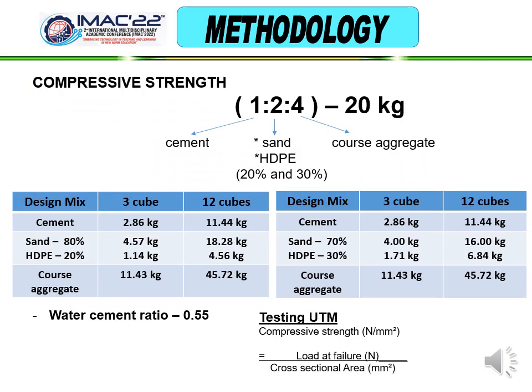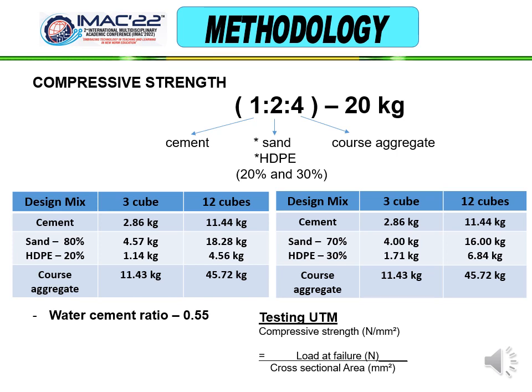For methodology, we use a design mix G20 or M20 with ratio 1 to 4. Actually, 72 cube samples were made for this test purpose.